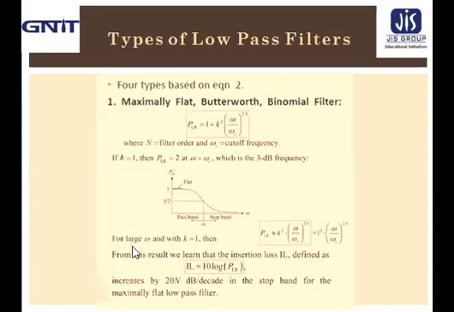For a large omega with k equal to 1, PLR is almost equal to k squared into omega by omega c whole to the power 2n, that is 1 squared into omega by omega c whole to the power 2n. From this result we learn that the insertion loss, IL, defined as 10 log PLR, increases by 20n dB per decade in the stop band for the maximally flat low pass filter.